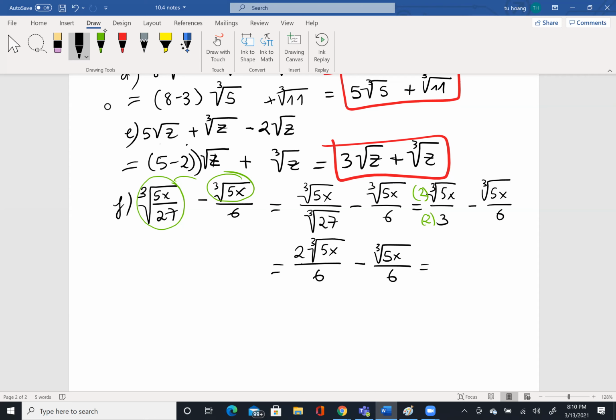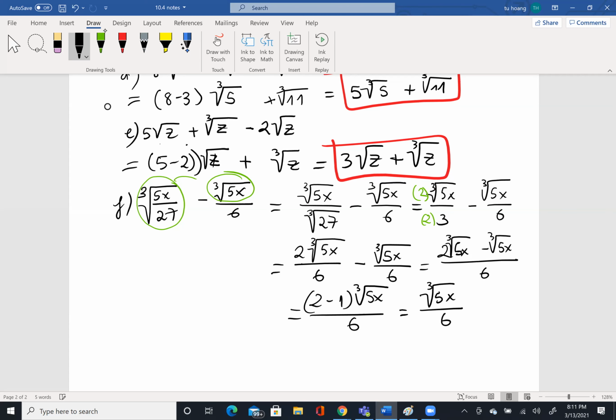So now you're gonna have what? 2 cube root of 5x minus cube root of 5x divided by 6. And finally, you will have 2 minus 1 cube root of 5x divided by 6. And that's giving you 1 only, which is cube root of 5x divided by 6. Okay, so that should be the answer.